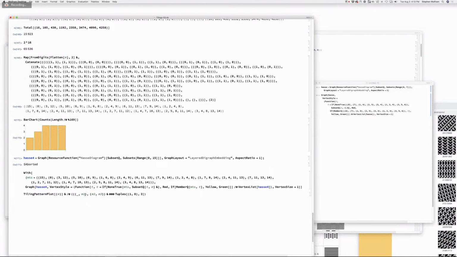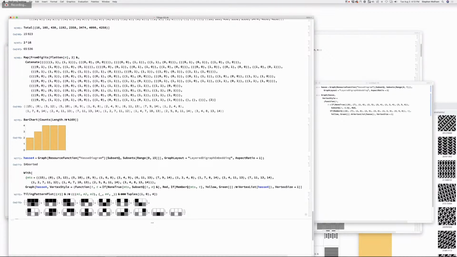So we want a 4-cell guy that is #1, #2, #3, blank blank blank #4. Correct? Does that make sense? Yeah. Okay.